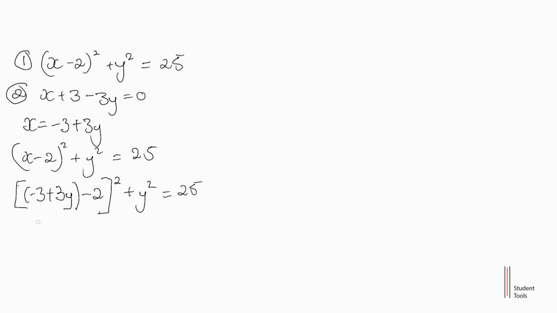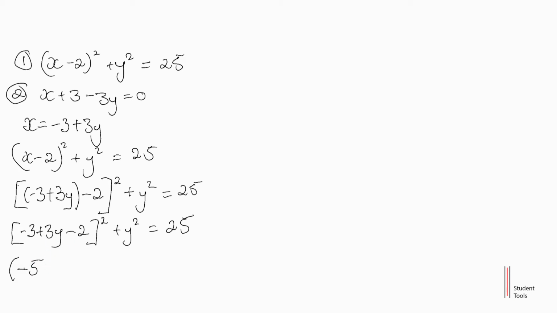Okay, now let us expand this bracket. In this bracket we have (−3 + 3y − 2)² + y² = 25. Now we have −3 minus 2, that is negative 5.